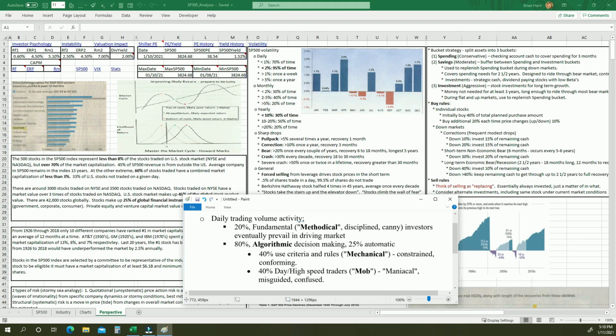The remaining 40% of these algorithmic traders are high-speed day traders that use technical analysis and simply try to take advantage of moment-by-moment price volatility in the marketplace, sometimes referred to as the mob. They trade throughout the day, driving second-by-second price fluctuations.